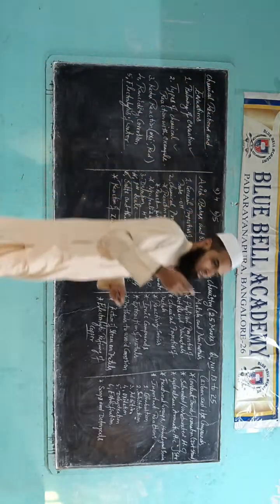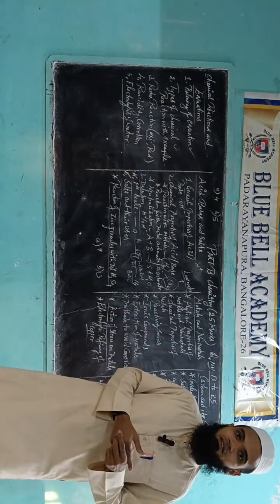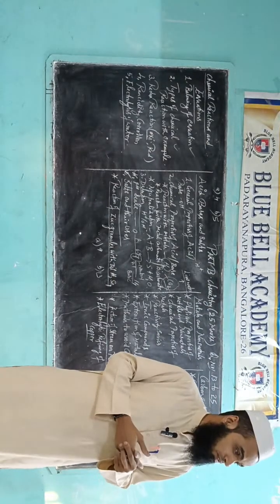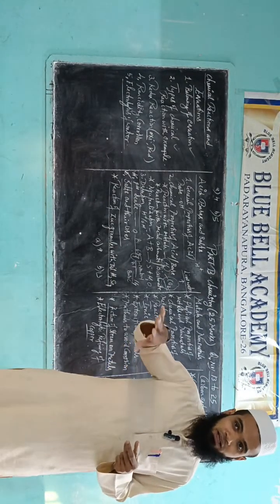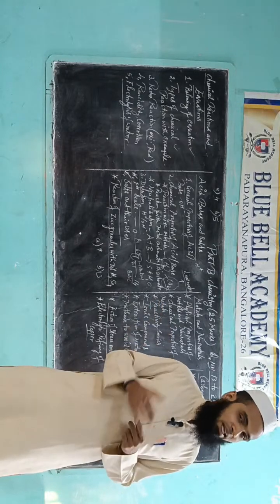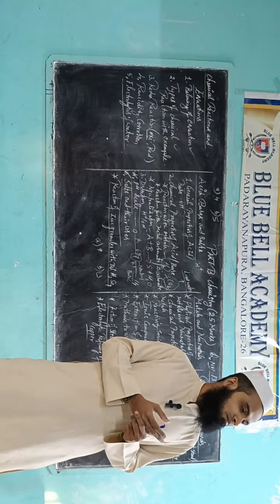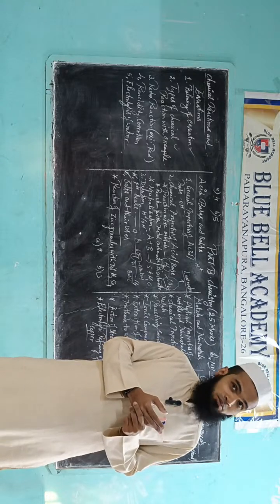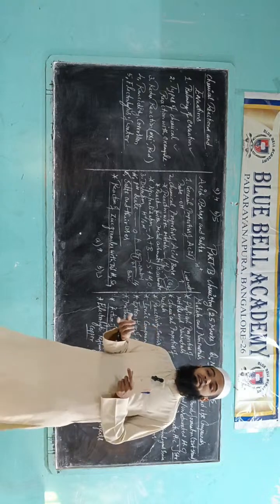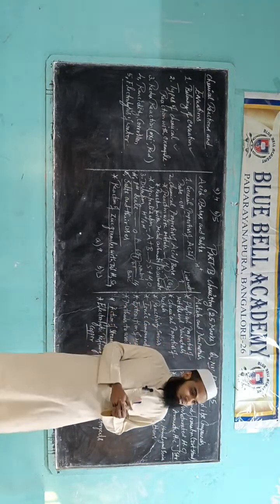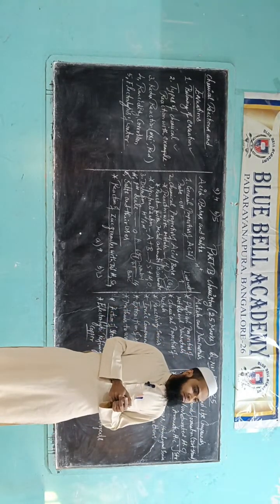Similarly, which is the most malleable and ductile metal? Gold. Name the liquid non-metal: bromine. Name the non-metal which conducts electricity: graphite.